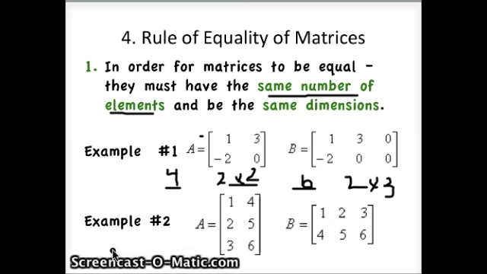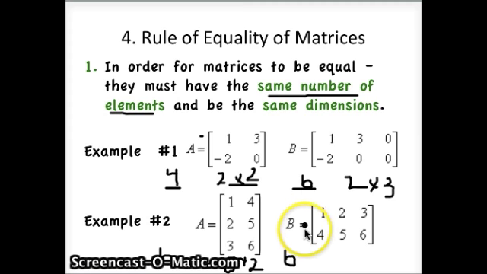In example number 2, our matrix A has 1, 2, 3, 4, 5, 6 entries, and it has 3 rows and 2 columns. So it's going to be a 3 by 2 matrix. And B has 6 entries as well. So this looks promising because they match in the number of entries.